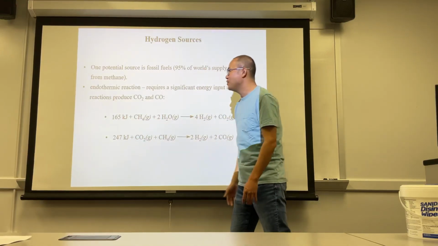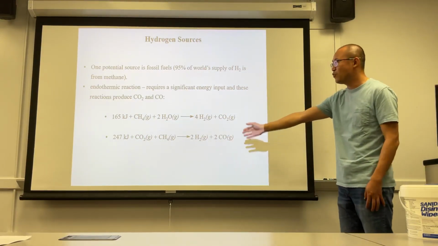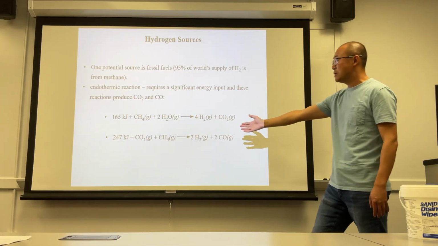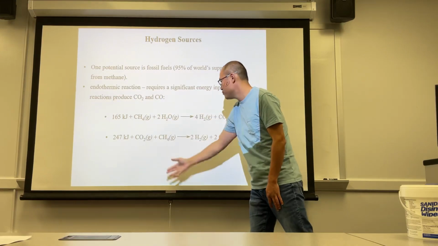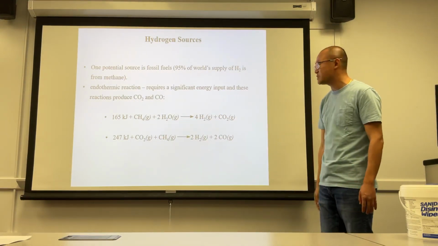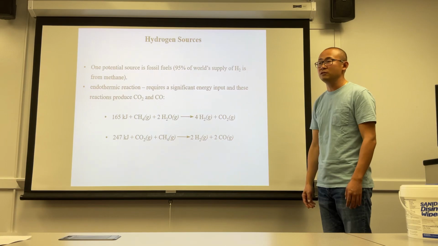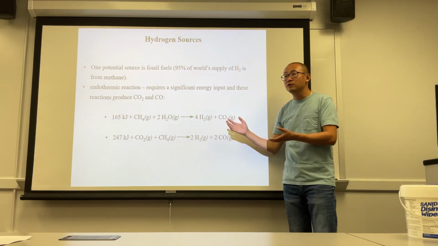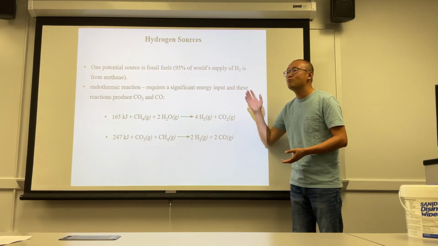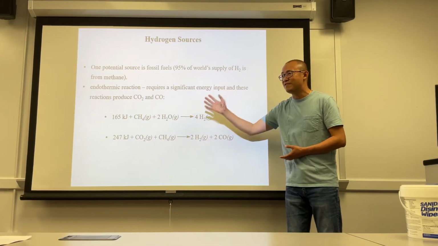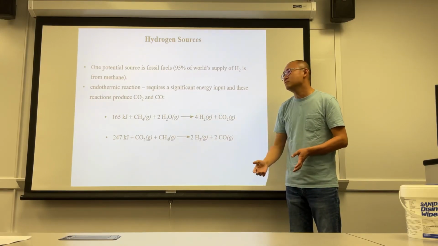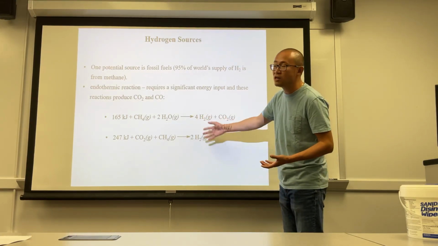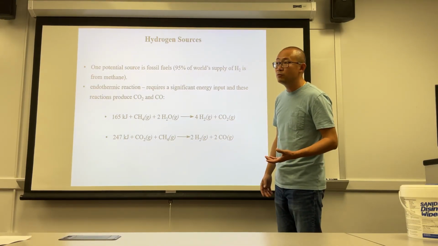This is the reactions showing how we convert methane to hydrogen. This is the first reaction, second reaction. Both reactions, in fact, need a lot of energy. It means you use a lot of energy to convert a fossil fuel to hydrogen. In other words, the cost of hydrogen won't be cheap, won't be economical.